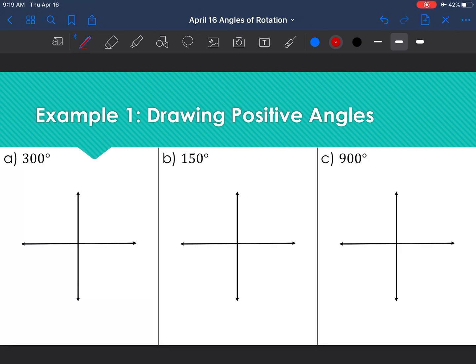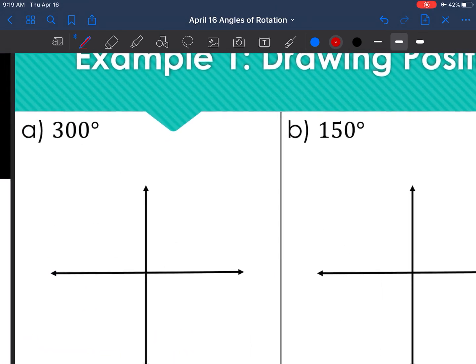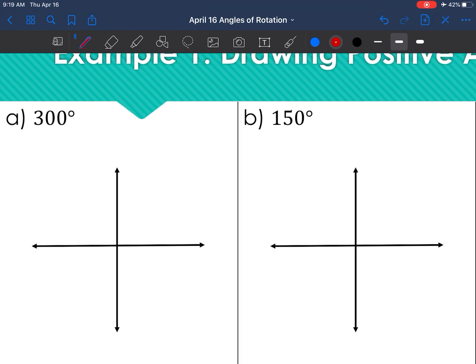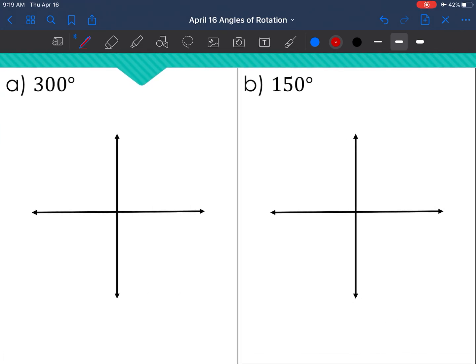So let's start with the positive angles because these are easy and you guys know I'm a positive person, so always start with the positive. So 300 degrees, no matter what, you always start on the initial side, always in the same exact place. So there's your initial side right there.